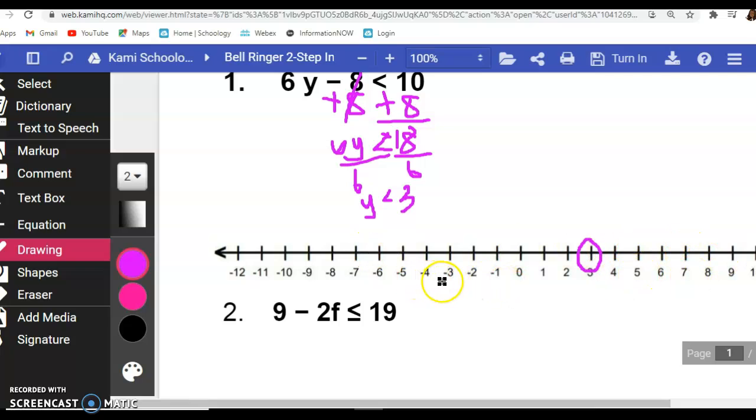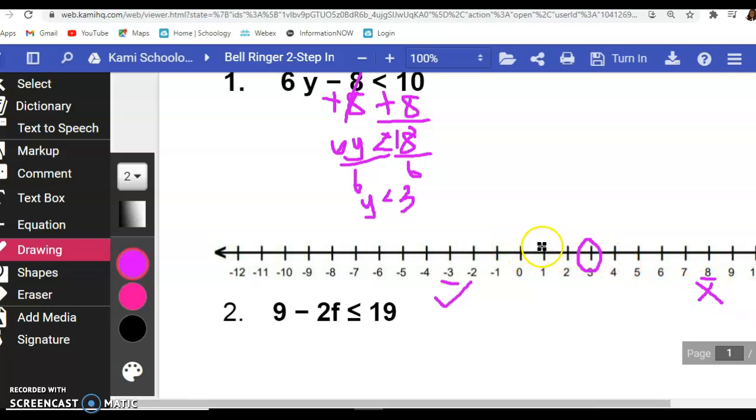So we're going to use 2 test points: -3 and 8. If we use -3 for y, is -3 less than 3? Yes. If we use 8 for y, is 8 less than 3?